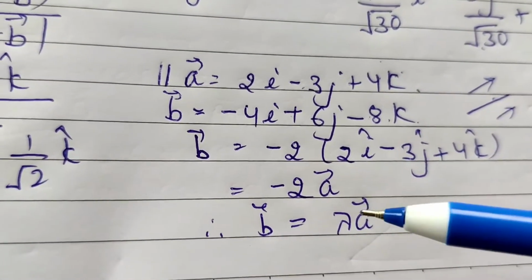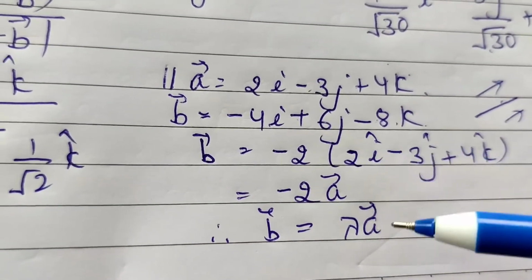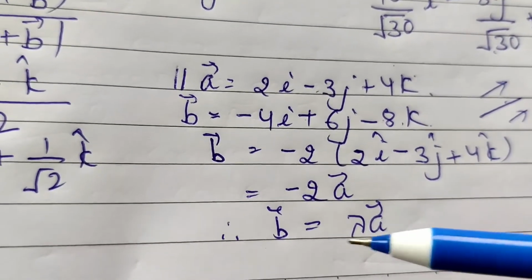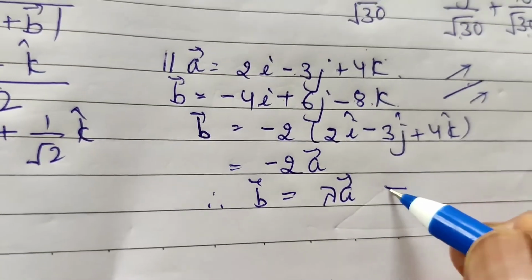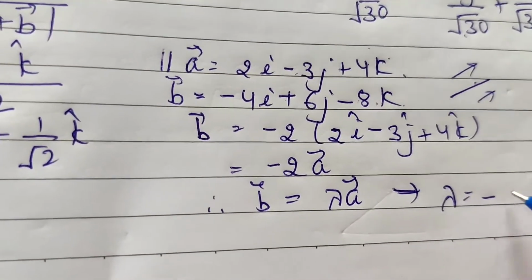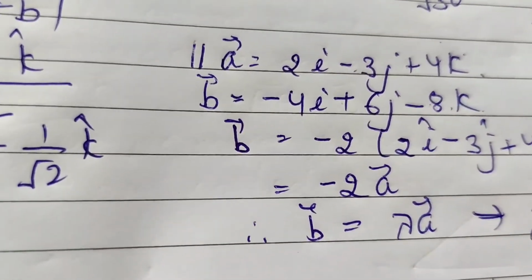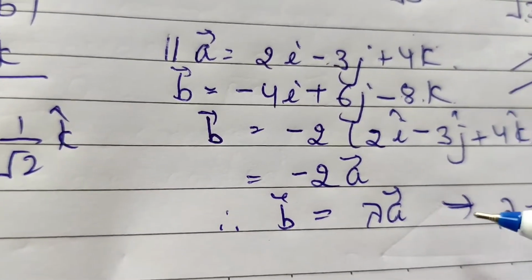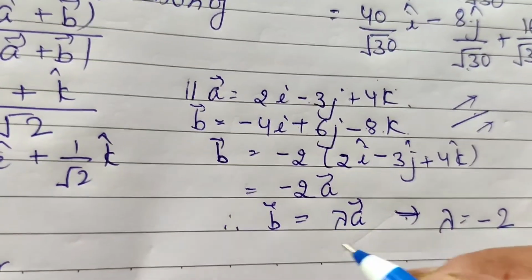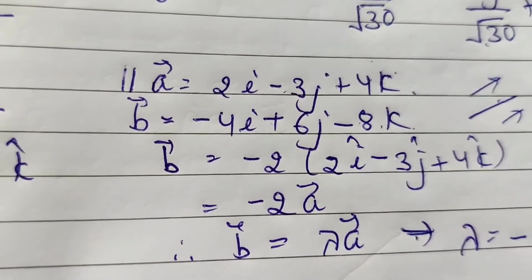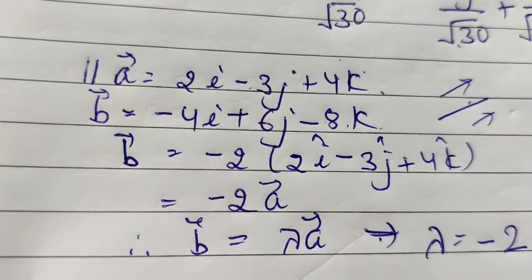It means the component of one vector is equal to a multiple of the other vector. यानी b वेक्टर जो है वो a वेक्टर के कुछ मल्टीपल के बराबर है, जहां पर कि मल्टीपल क्या है? -2. Therefore we can say that the given vectors are collinear. If this condition holds, we can say that these vectors are collinear.